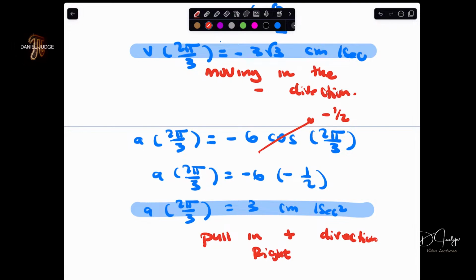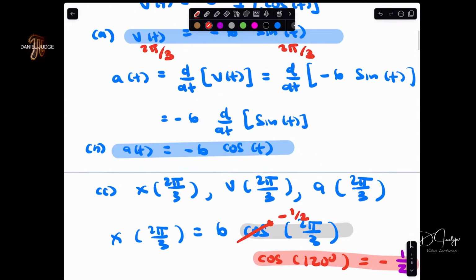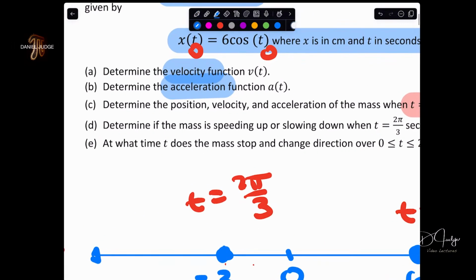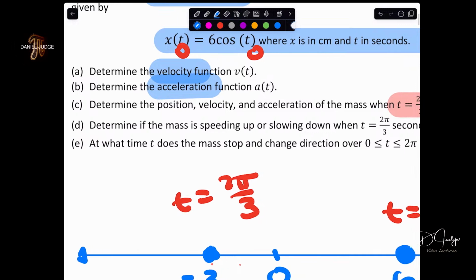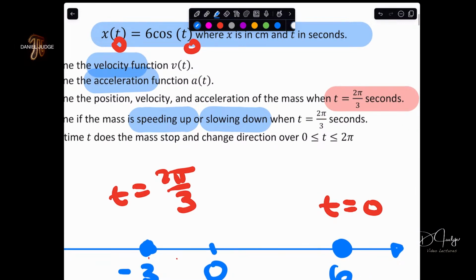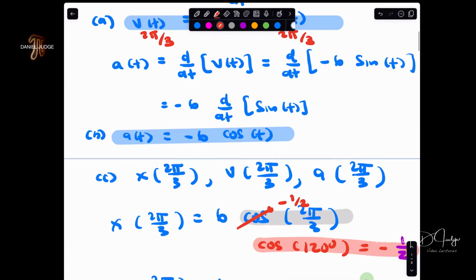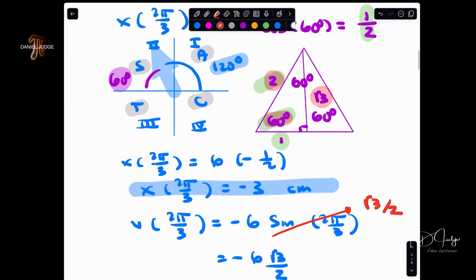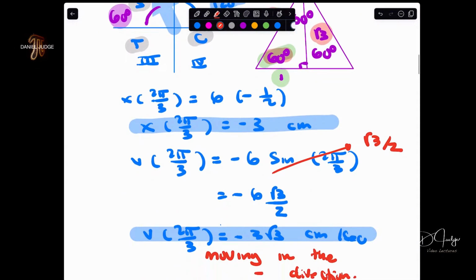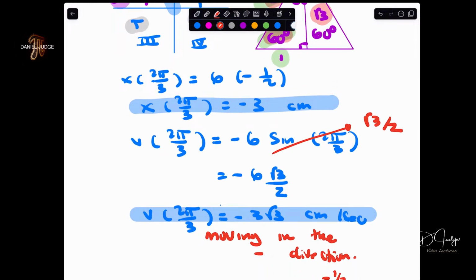Okay, now that's going to mean something, and I think I might have asked the question. Question D. Determine if the mass is either speeding up or slowing down at that time. Now, remember what we discussed. Speeding up is when velocity and acceleration have the same sign. Slowing down is when they have opposite signs.